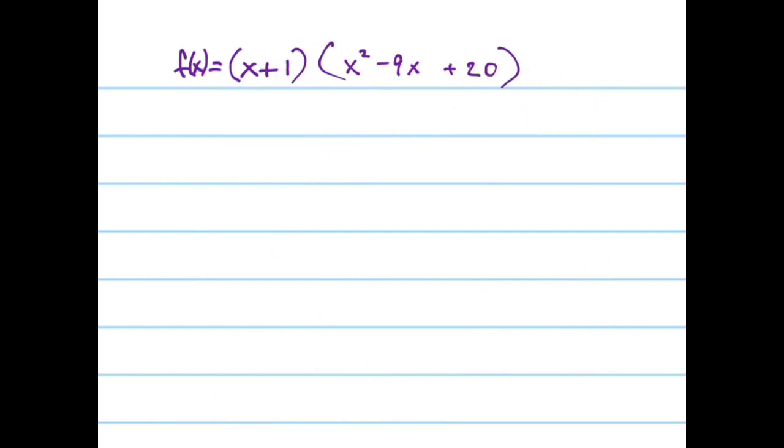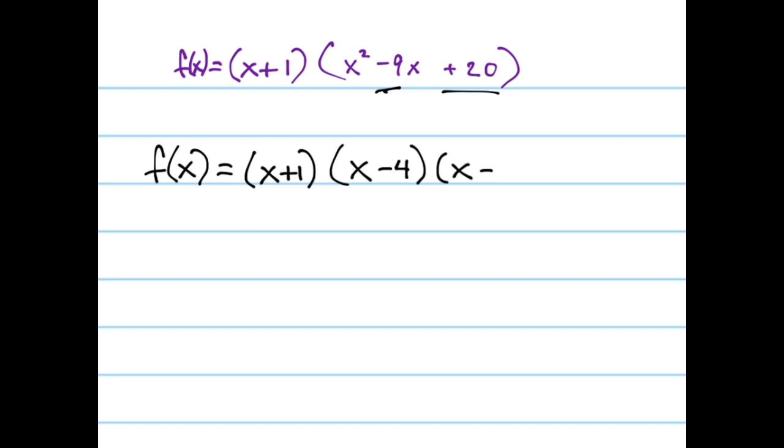So, who knows what factors of positive 20 add up to negative 9? Negative 4 and negative 5. So that quadratic factors into x minus 4 and x minus 5. So you're applying some processes that we learned with the factor theorem and the remainder theorem along with the rational root theorem.